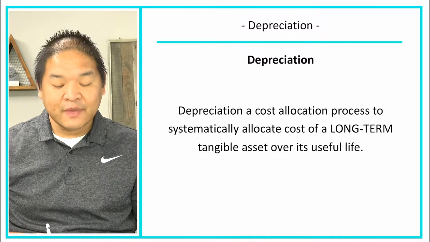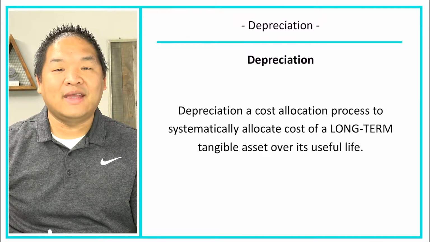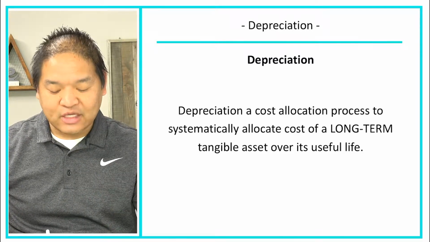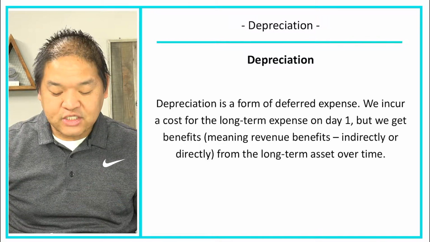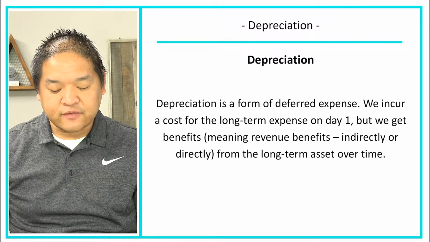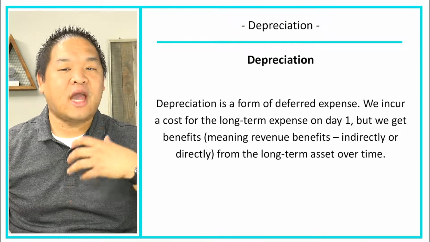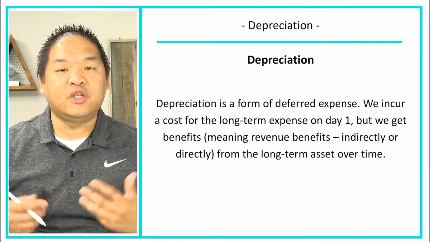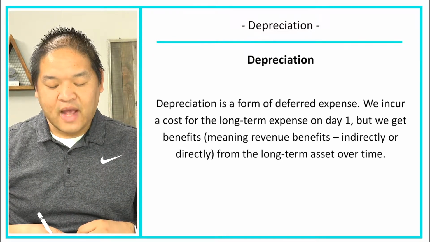Depreciation is a cost allocation process to systematically allocate the cost of a long-term tangible asset over its useful life. Depreciation is a form of deferred expenses. We incur a cost for a long-term asset on day one because we have a huge cash outflow, but we get the benefits, meaning the revenue benefits, indirectly or directly, from the long-term asset over time.